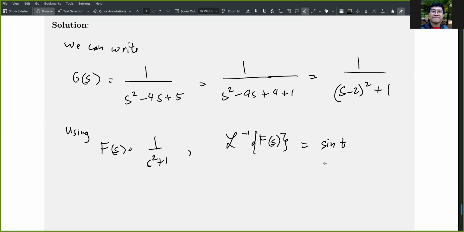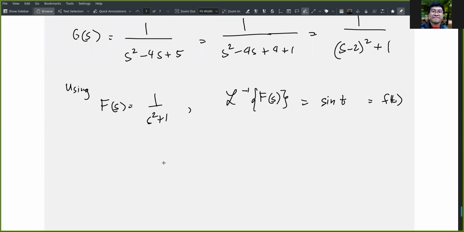We can call that our function f(t). So we can also write F(s minus 2), which becomes 1 over (s minus 2) squared plus 1. So G(s) can be written as F(s minus 2).